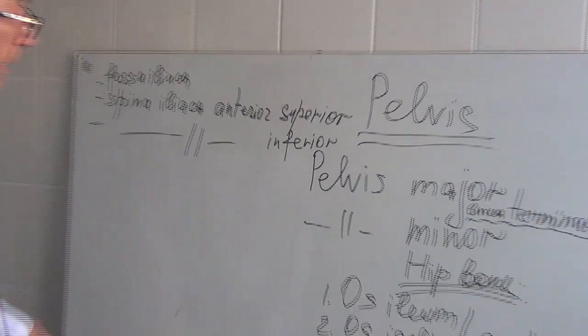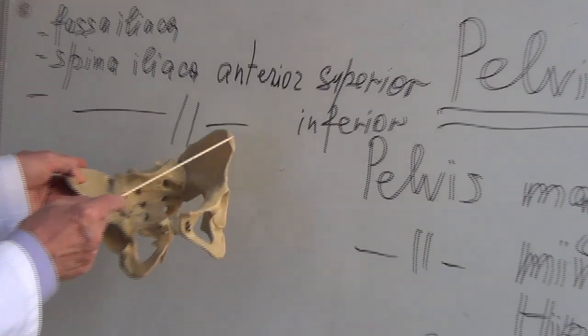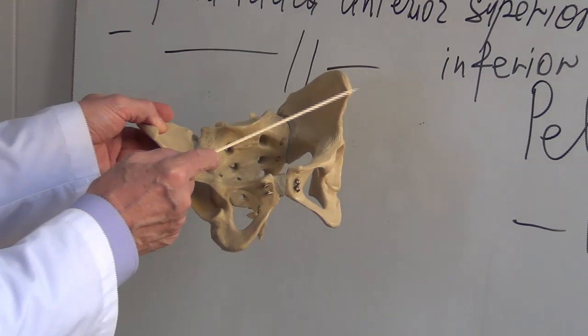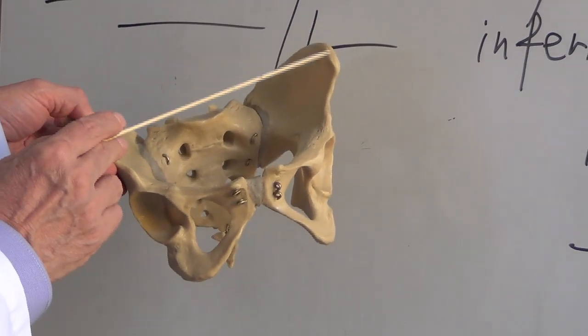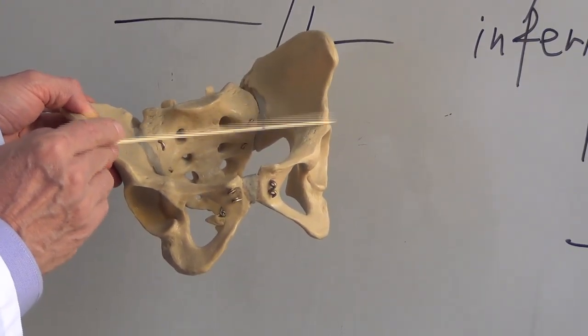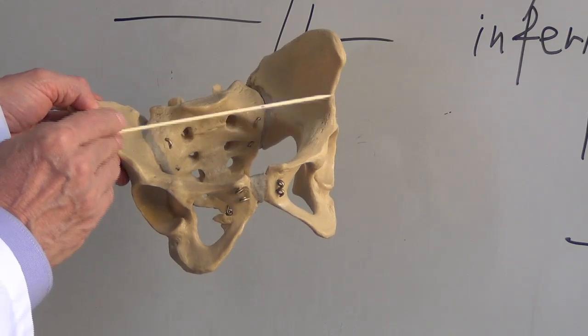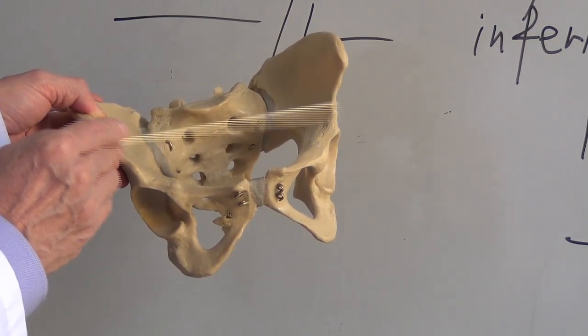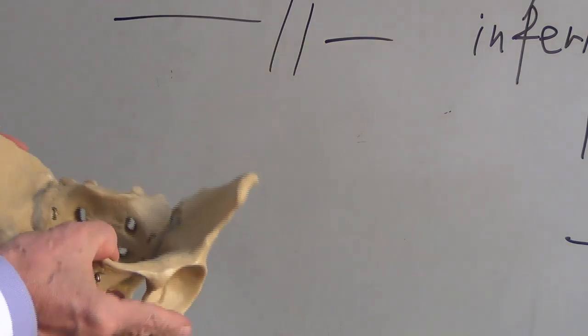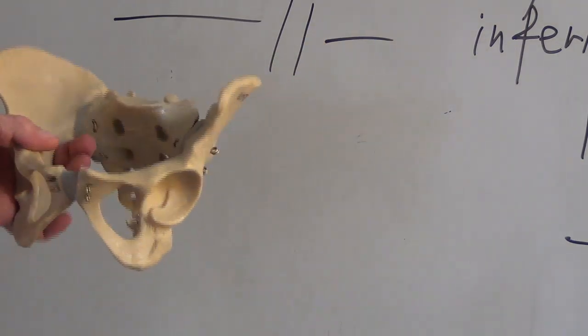Again, spina iliaca anterior superior is quite well seen in person without overweight, and spina iliaca anterior inferior is located close to it but couldn't be palpated.